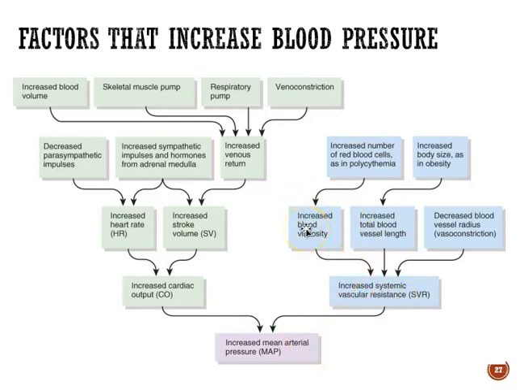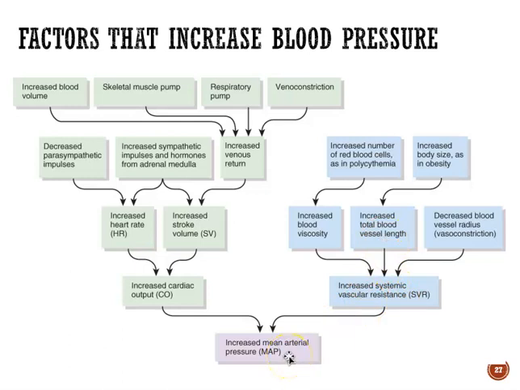Now that is not necessarily a good thing, right? If we have more total blood vessel length, for example, due to an increase in body size, for example, due to obesity, that will increase the vascular resistance. That will increase blood pressure.